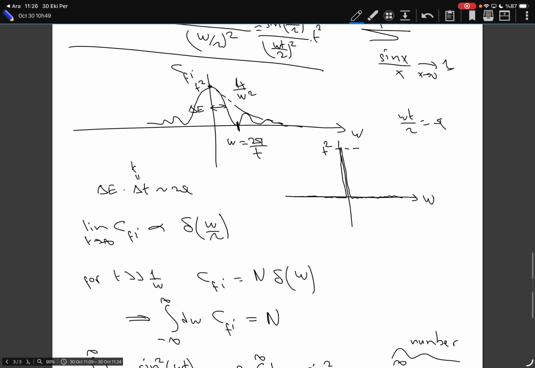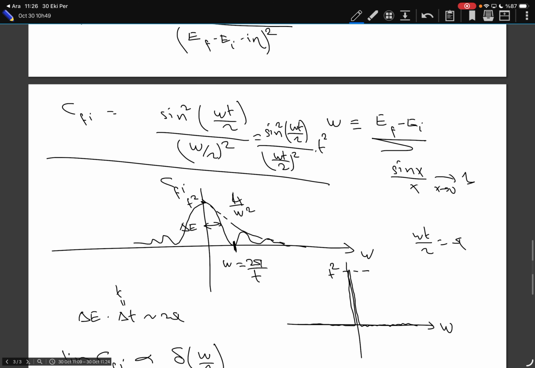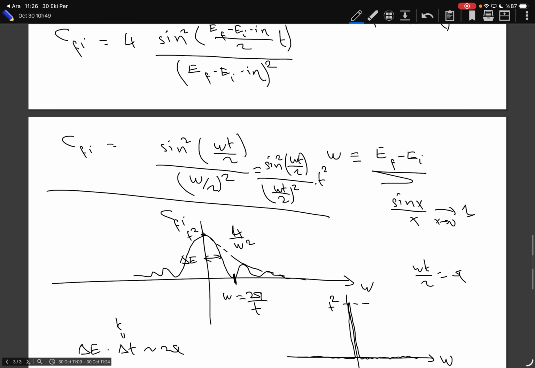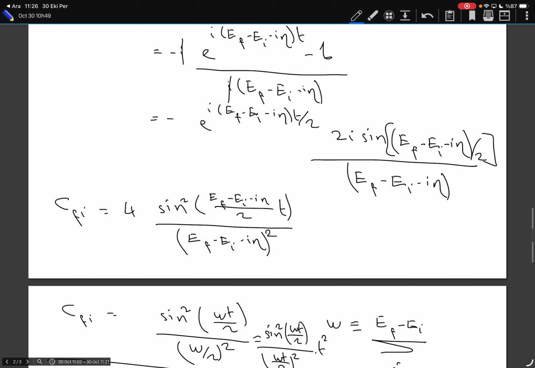Yeah, it's nice if you understand it. It gives you more intuition in these problems. Well, there's another mathematical derivation, let's say.